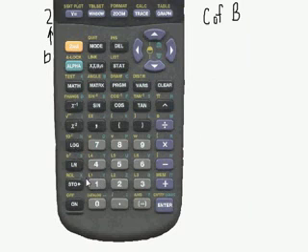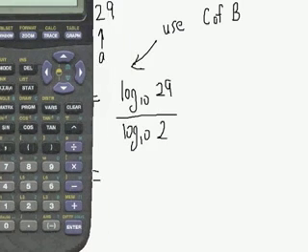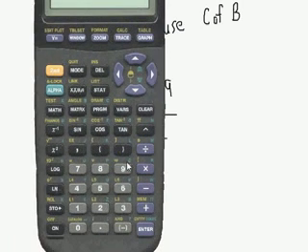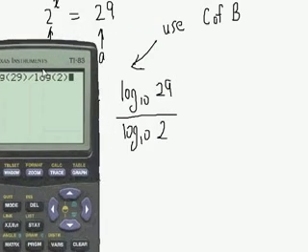So I'll say log of 29, close the bracket, divided by log of 2. That's just showing you what's on the calculator.